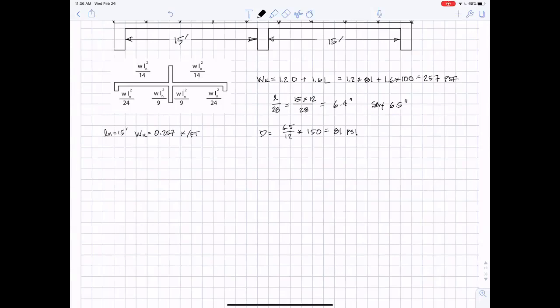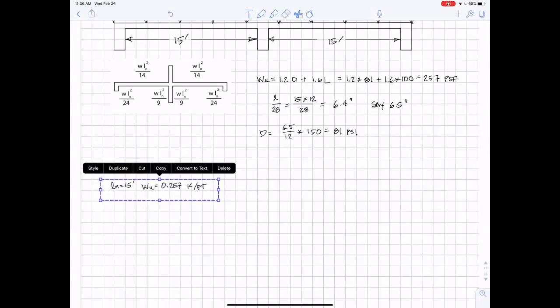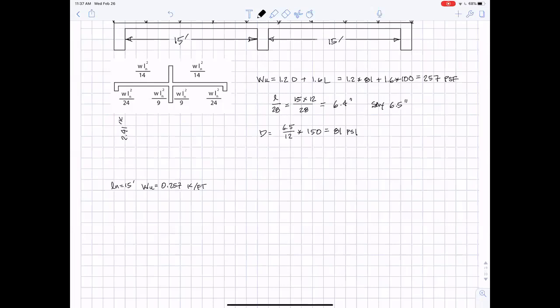So Q equals W. If you do WL squared over 24, WL squared over 14, and WL squared over 9, over 24 comes out to 2.41 foot kips.